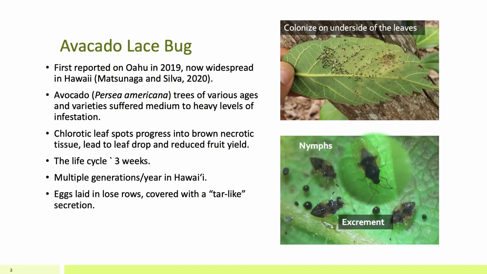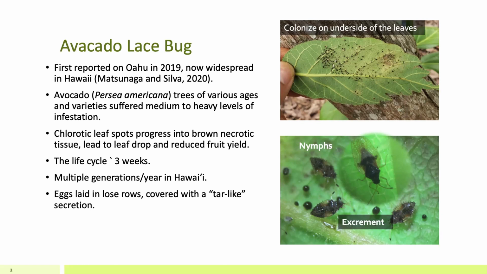Some trees will completely defoliate, and other trees will have all their leaves but minor damage with this chlorosis. In severe cases, it'll become brown and necrotic and then typically fall off. Once those leaves fall off the tree, you'll typically see a lot of the fruit fall off as well because there's not enough leaf to support the fruit load.